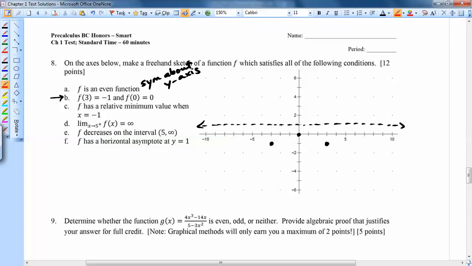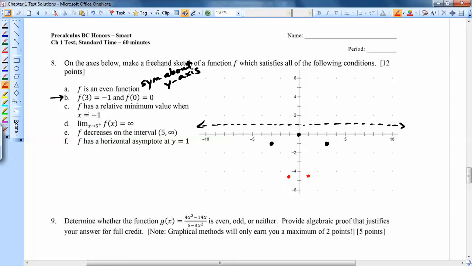It just has to be a low point. So you can pick how low you want it to be. So I'm just going to arbitrarily pick this low right here. And if I plot that one, I've got to plot its mirror image here, right? Now that could have been up here or something like that if you really wanted to be. Doesn't have to be though. Okay, so I've got a minimum value at x equals negative 1.